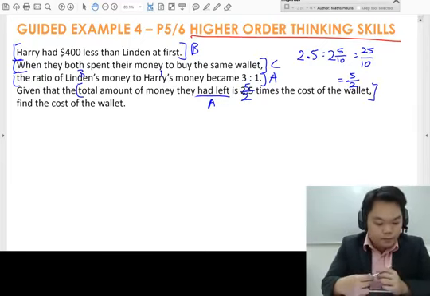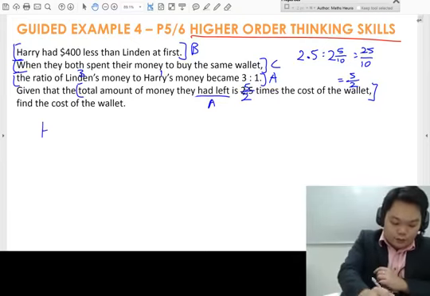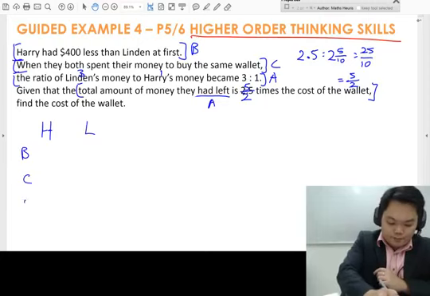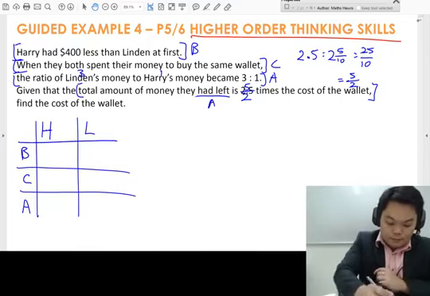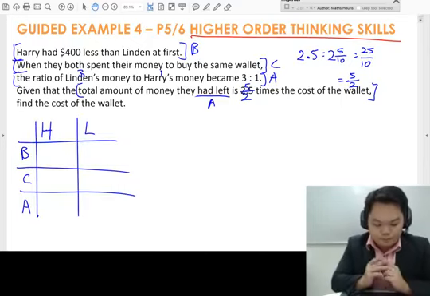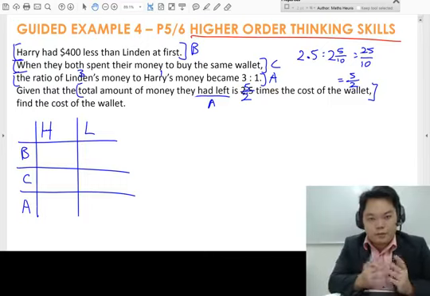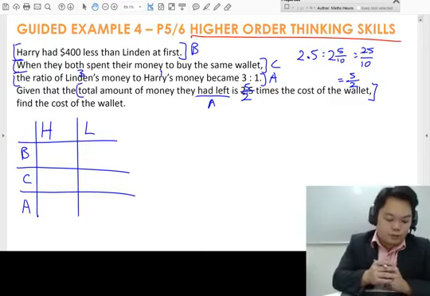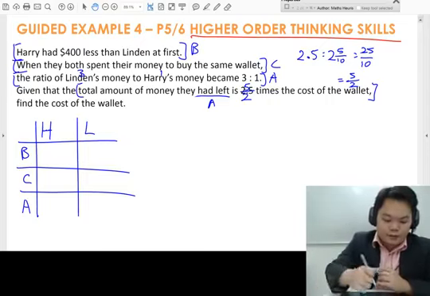Once we got that, we can draw out the BCA table first and compare between Harry and Lyndon. Before, you do not know exactly what they have, you can write it as 1 unit plus 400, and 1 unit, but I don't recommend that for the time being.